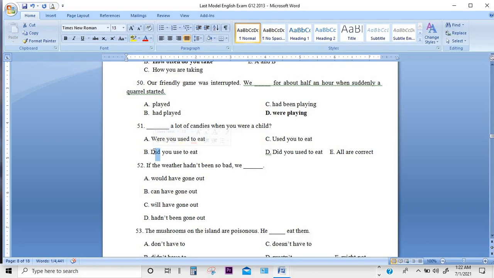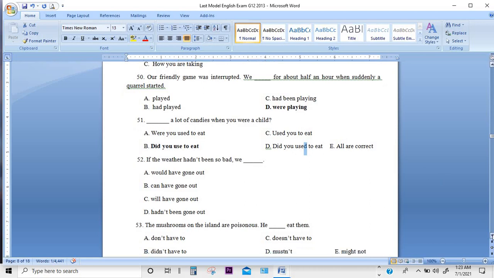That's the correct question. Since did is already the auxiliary showing past tense, we don't put used; it's use to, because the question word has to be changed to past tense to show that it's a past habit.